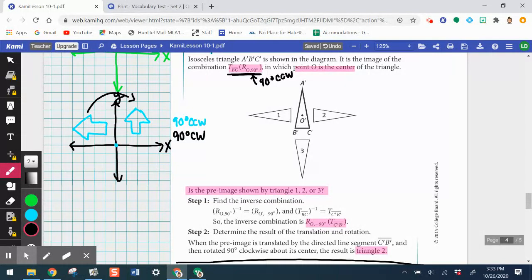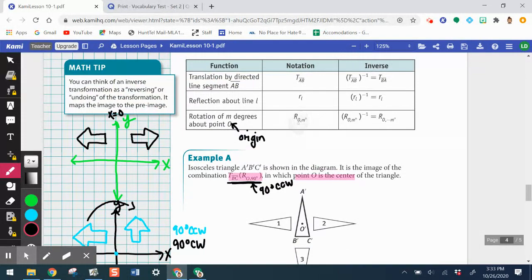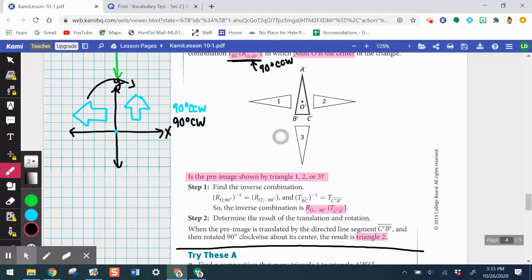So step one says find the inverse combination. So that's what we're going to do first. The inverse combination of a rotation around point O 90 degrees is a rotation around point O negative 90 degrees. That's what we set up here. So the center of rotation remains the same. We just change the sign most of the time, unless it's 180. We change the sign of our angle of rotation.